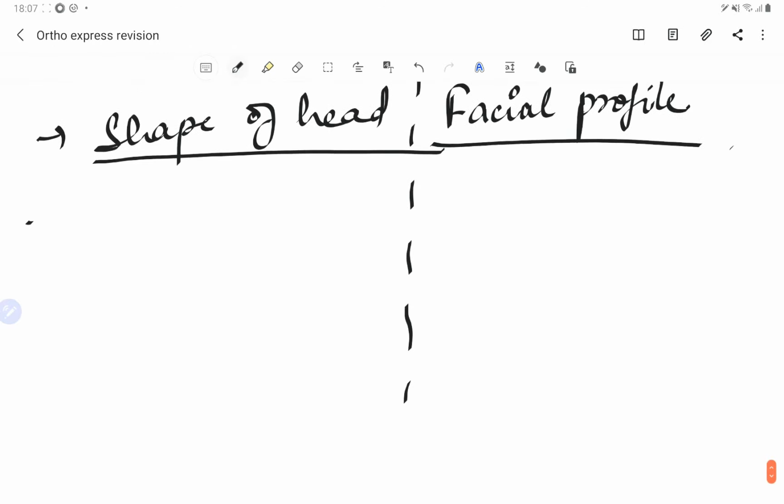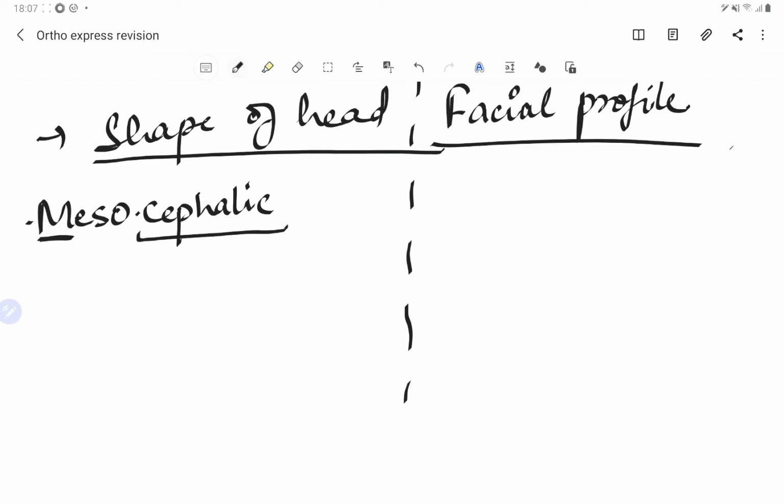Meso, when you see this word, means medium. You can remember it from M for medium, M for average, right? Mesocephalic. Cephalic is a word which means head. Then here we have meso, and on this side we are going to write prosopic.